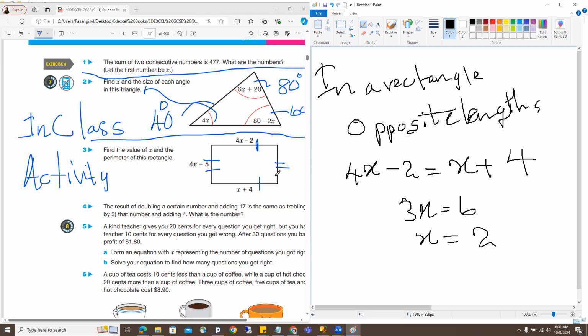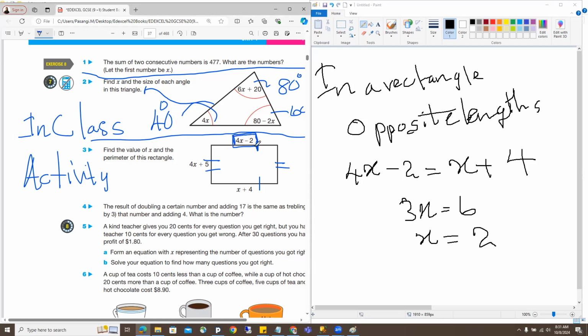So what are the lengths of the sides? For that we take those all together. So 4x minus 2, and x is equal to 2. We can substitute the value 2 for this and get the answer.